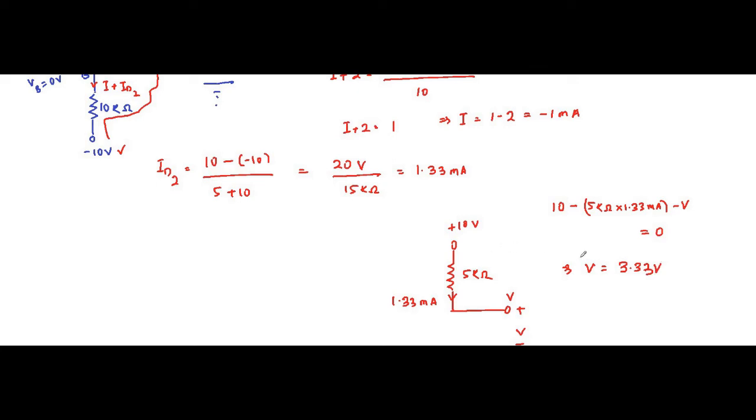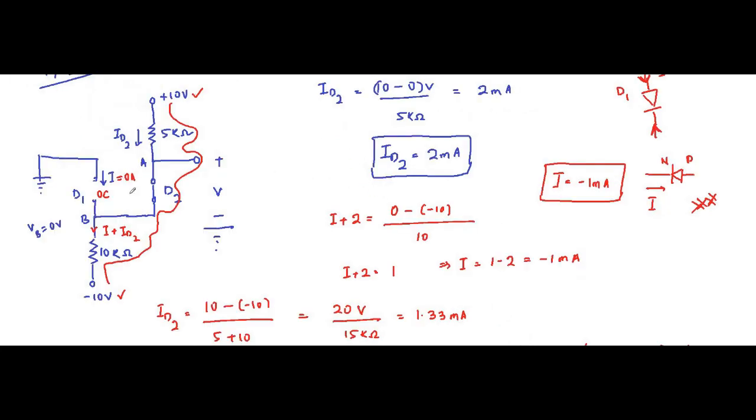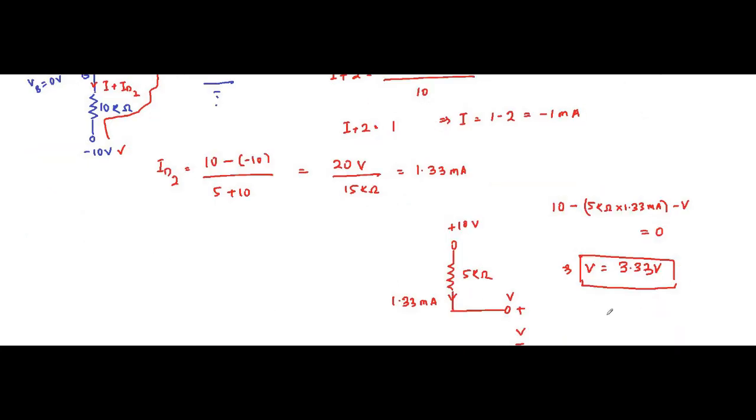That is the answer. V is equal to 3.33 volt and I is equal to 0 ampere.